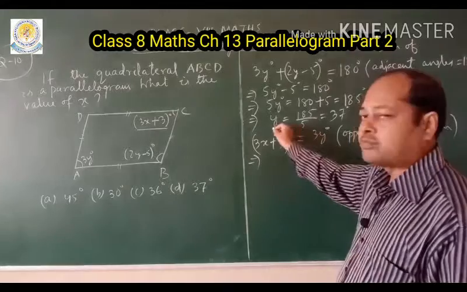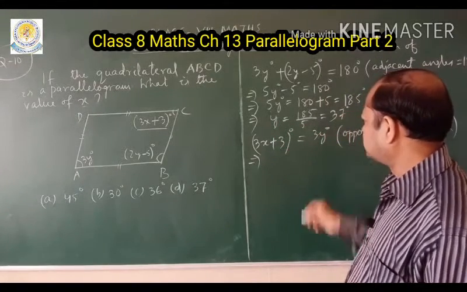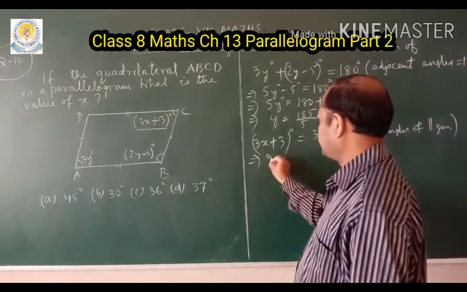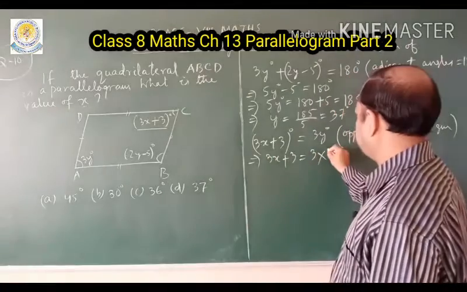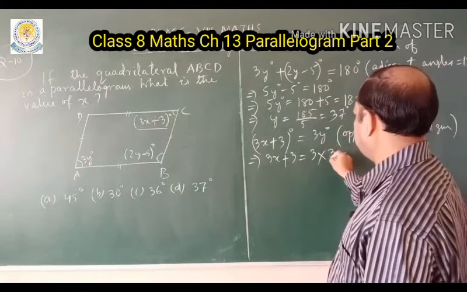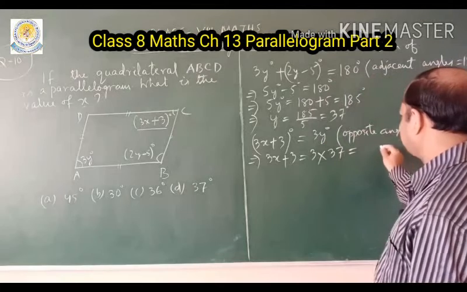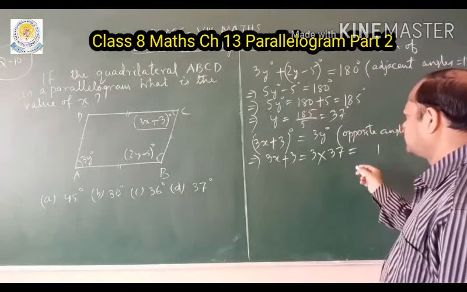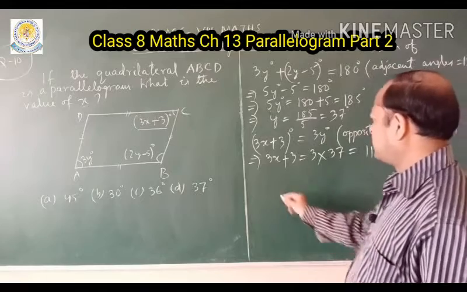We know the value of y here, so by putting the value of y we can solve it very easily. So 3x plus 3 equal to 3 into 37. 3 sevens are 21, 1 here, 2 carry, 3 threes are 9 plus 2, 11. So 111 degree.